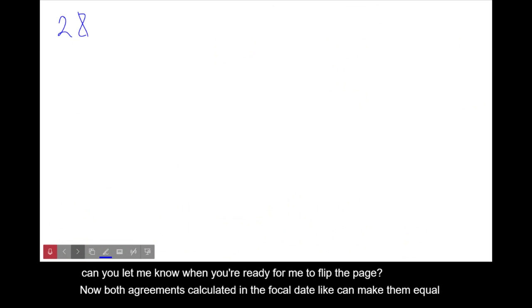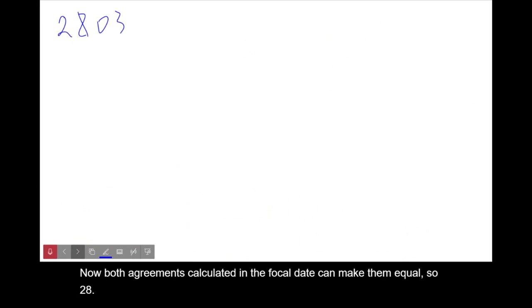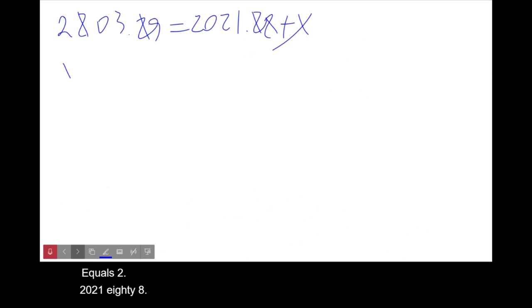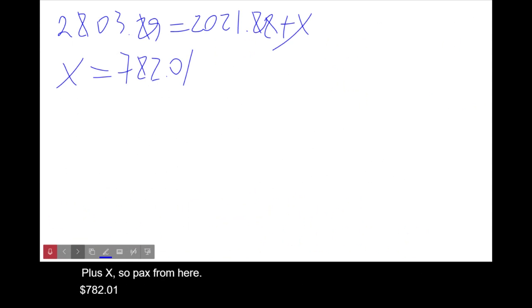So 2803.89 equals 2021.88 plus x. So x from here is $782.01. That's it. Any questions?